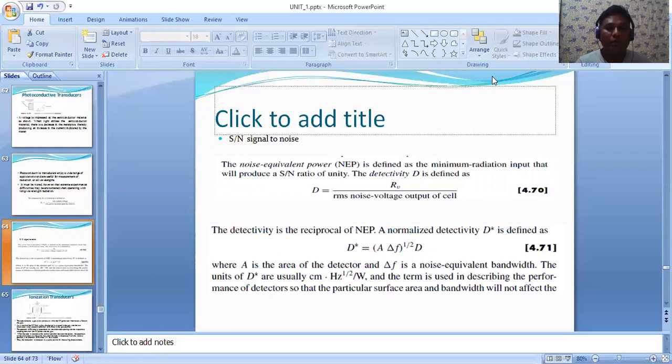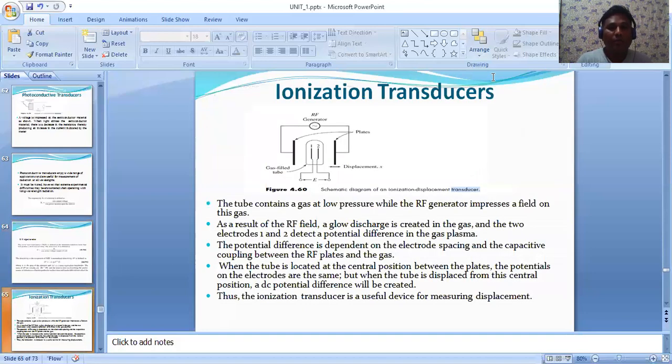The unit of D star is usually centimeter times hertz to the power one half per watt. This term is used to compare the performance of detectors, so that a particular surface area and bandwidth will not affect the comparison.